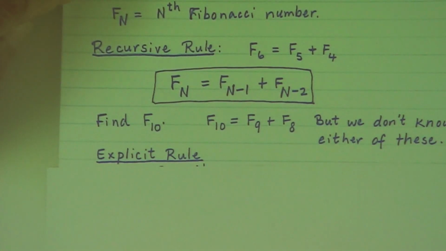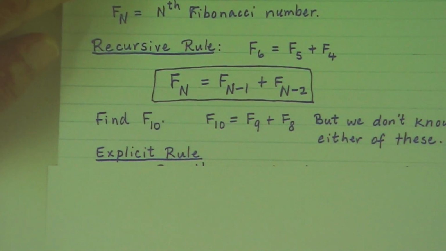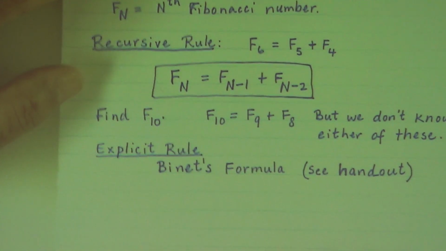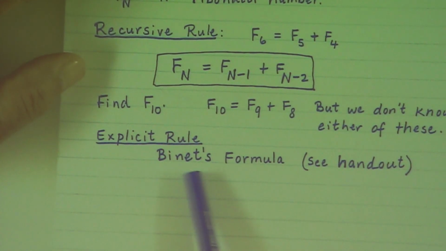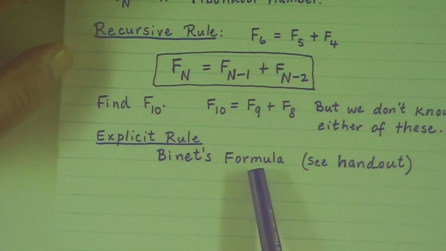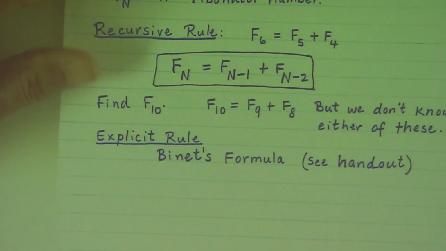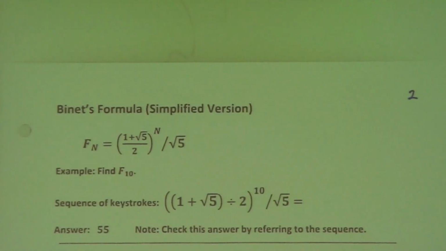We have an explicit rule where you could find that directly, and that formula is called Binet's formula. Now I have that on a separate sheet on D2L, so you will need to print that. So let's take a look at it.